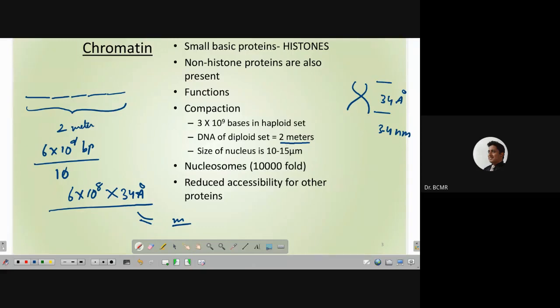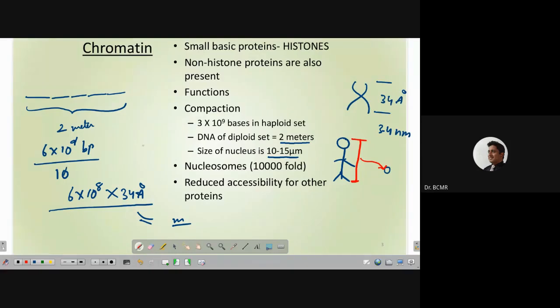And yet, assume that this is us, it is longer than us, and the nucleus within the cell is 10 to 15 micrometers. I hope you can see how that long DNA has to be put in a very, very tiny component that is not visible to our naked eye.